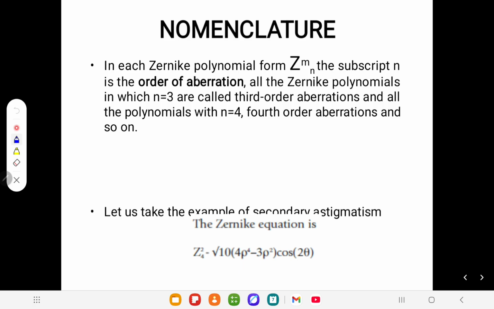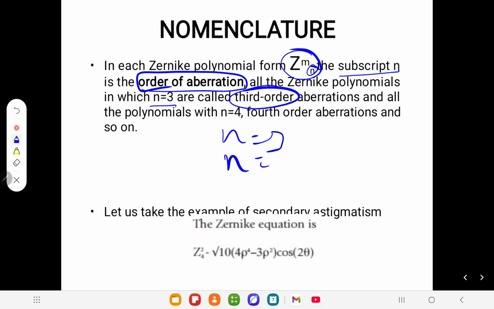So in each Zernike polynomial there is this form. You can write it with m and, in lowercase, n. The subscript n is the order of the aberration, and all the Zernike polynomials in which n is 3 are called third order. If n is 3 it is third order, if n is 0 it is zero order, if n is 1 it is first order.